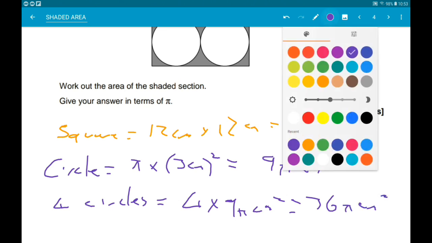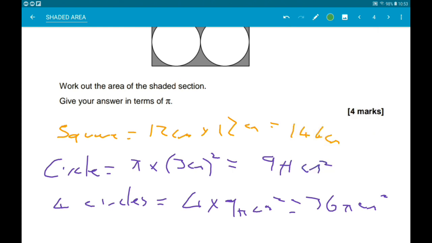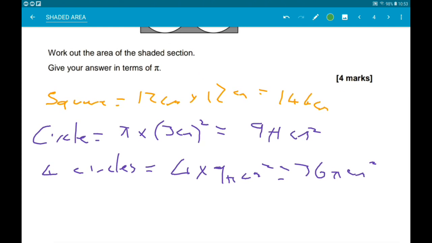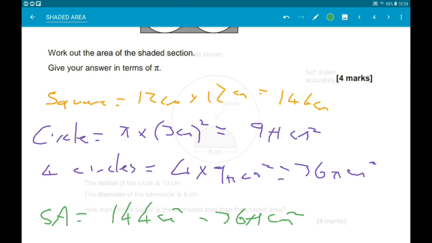Now finally, the shaded area is the square, so 144 centimeters squared minus 36 pi centimeters squared. And that's it, because they want it left in terms of pi.